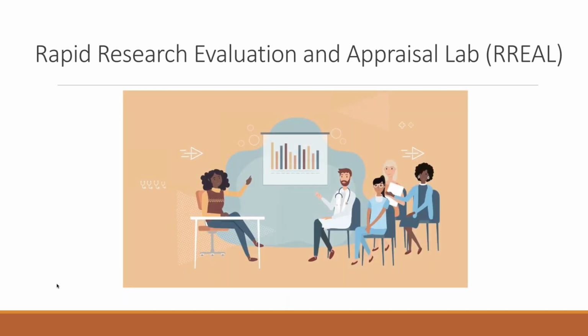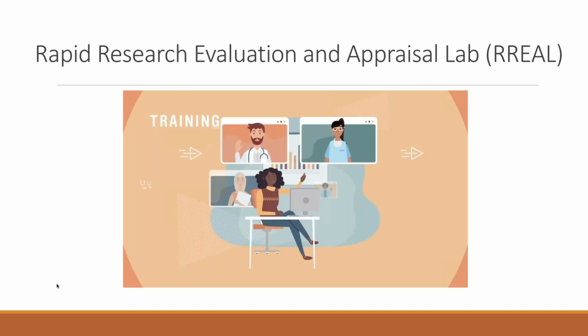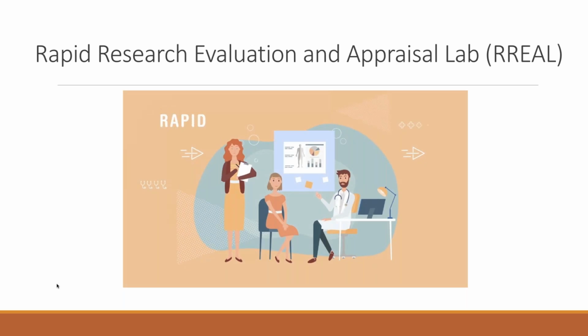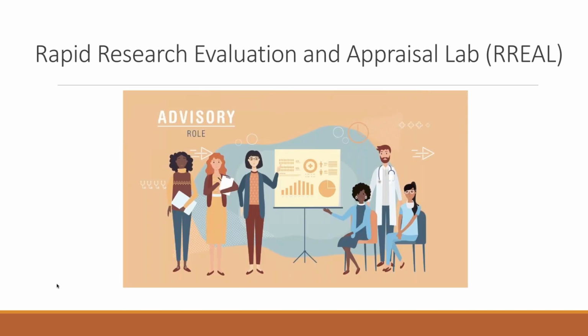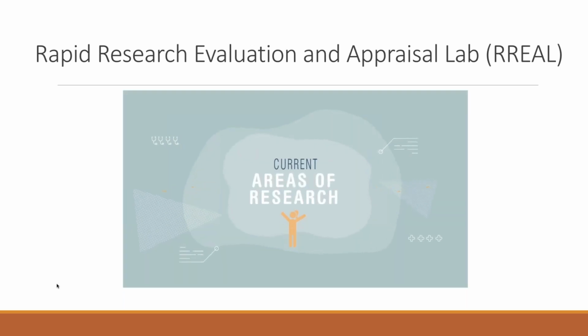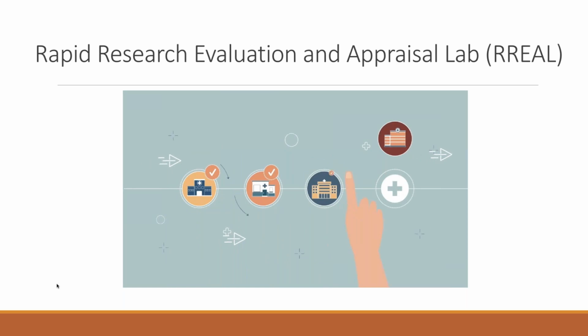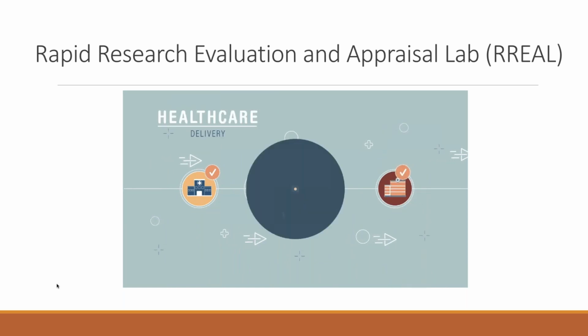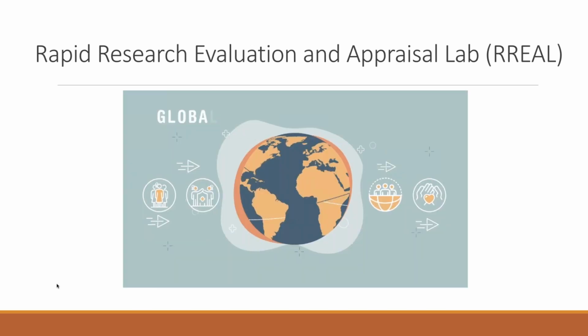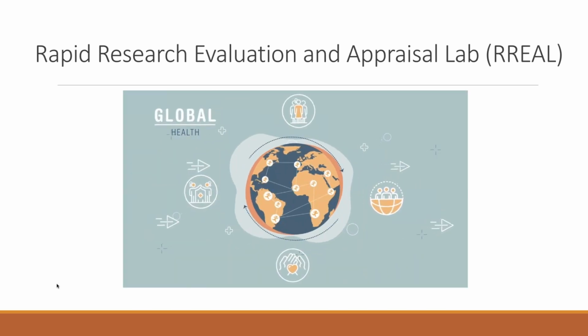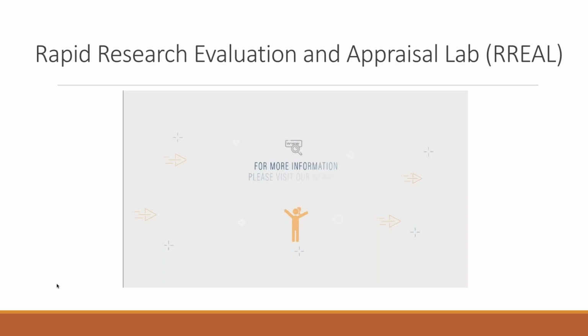REAL delivers face-to-face and online training, carries out rapid literature reviews, quick appraisals, rapid ethnographies, and evaluations, and advises other teams or organizations on the use of rapid research approaches. Current areas of research include the organization and management of healthcare delivery, the use of rapid qualitative research in clinical trials, global health and complex health emergencies. For more information, please visit our website.